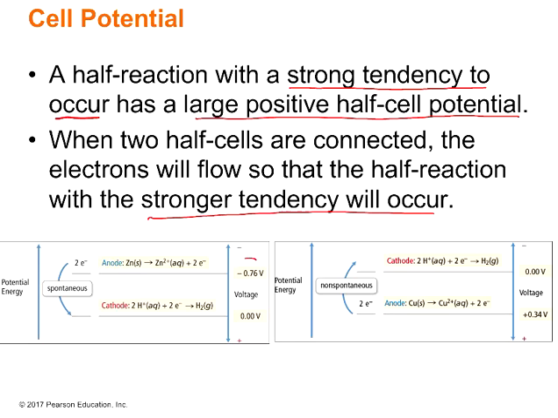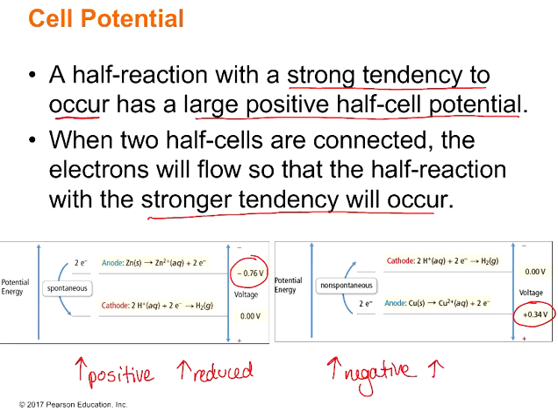It has a negative value, so it will spontaneously be oxidized. But if copper is oxidized, it will not be spontaneous. That's a non-spontaneous process, and that's because it has a positive value for its potential. So again, the more positive, the more likely something is to be reduced. The more negative, the more likely something is to be oxidized. So a couple different ways to think about it.